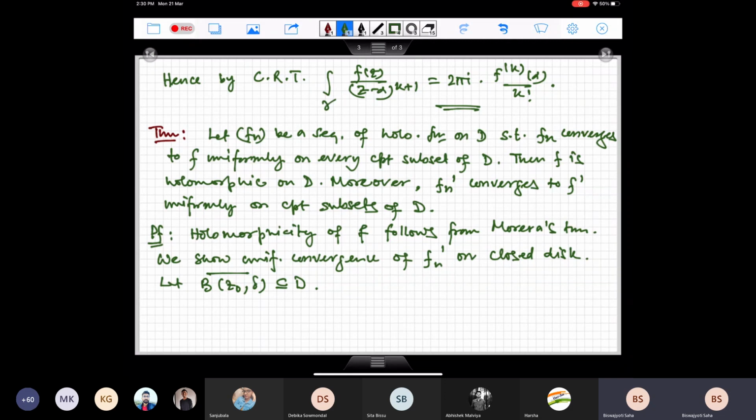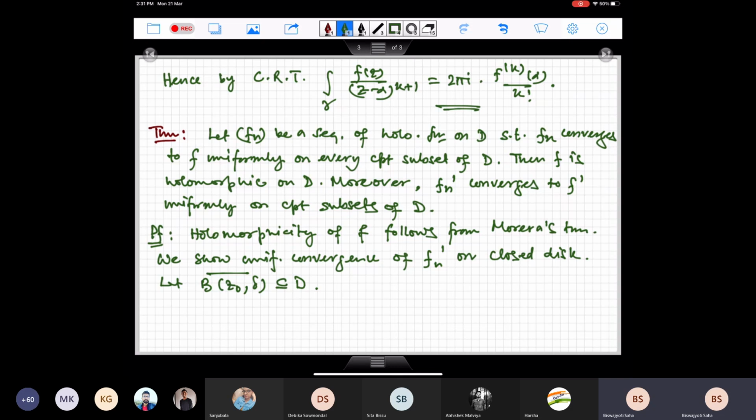Fine, no issues. Let us write down the functional values, the derivative. Remember one thing: I am dealing with the derivative, and I would like to use the uniform convergence of Fn, which is already given to me.